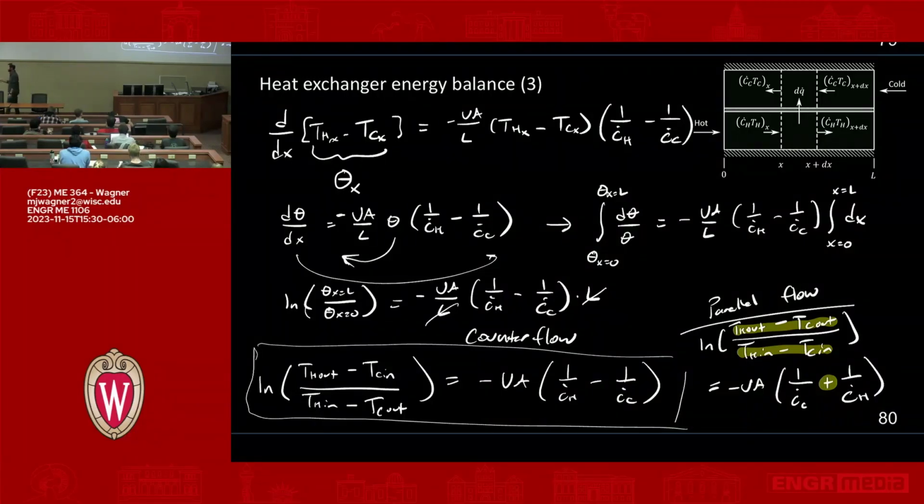Well, if you look at it, what you're left with is something that relates just the inlet temperatures and the outlet temperatures, and this 1 over total resistance, this UA. So if you have some piece of information like you know UA, you know the mass flow rates, say you know two of the temperatures or something like that, you can use this to solve for one of the other temperatures. Right? It's an equation that helps you relate the two sides to each other.